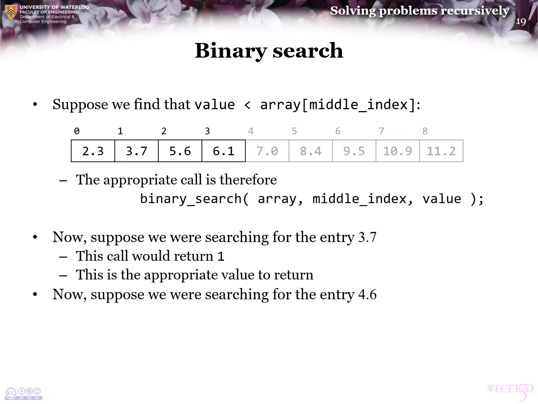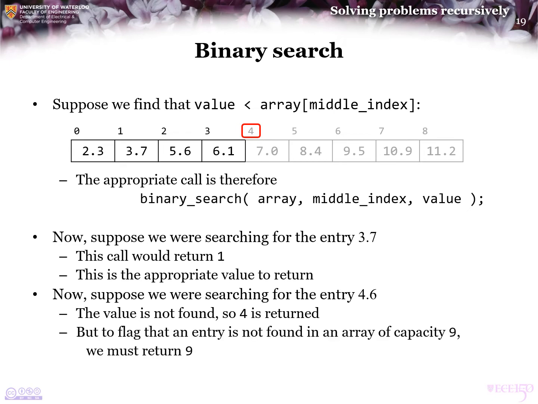Now, suppose instead we were searching for the entry 4.6. Well, 4.6 is not in that array from 0 to 3. So, in that case, this particular function call would return the value middle index, which in this case is 4, because that is the capacity of the array we are searching on.